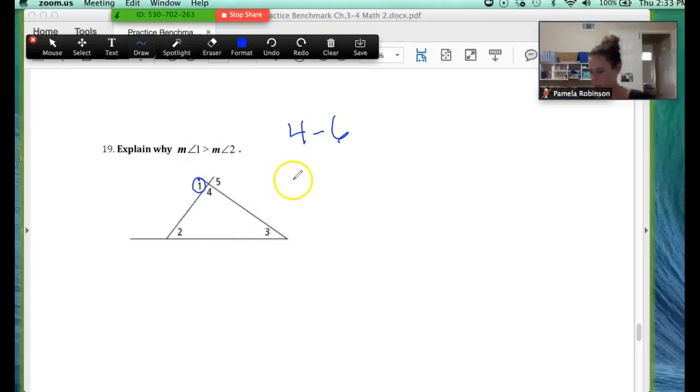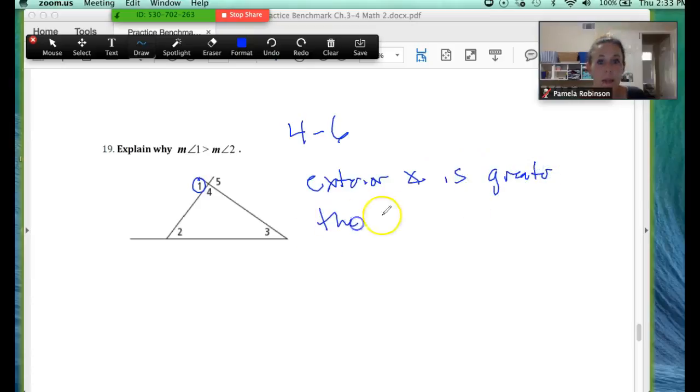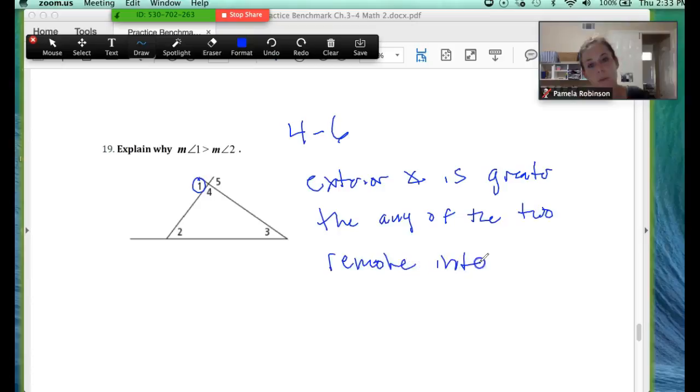Because the measure of an exterior angle is greater than either of the two remote interiors. And that is a theorem in section 4-6. Go look, it's a corollary.